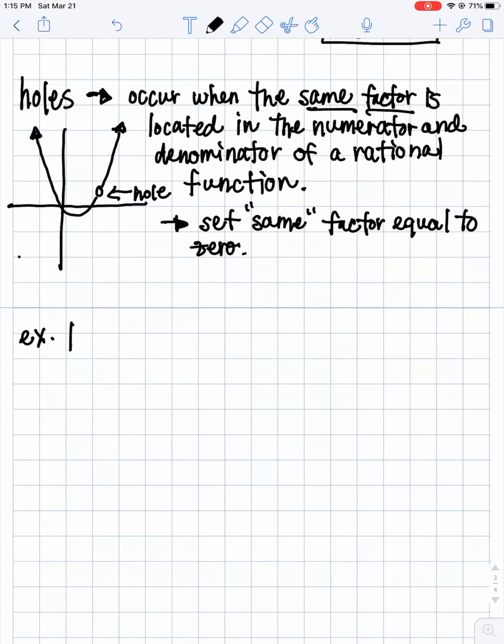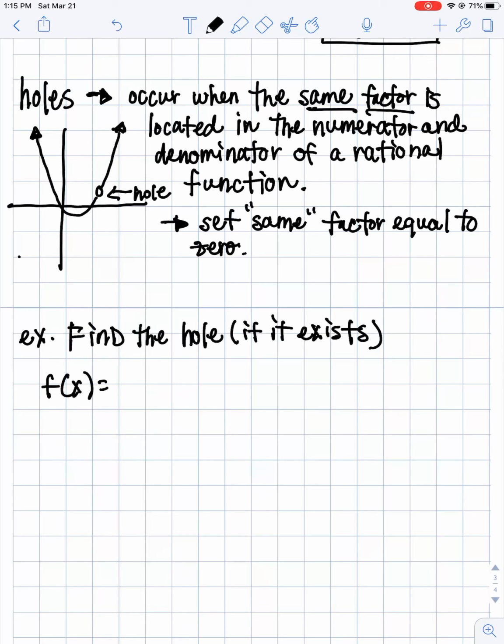And so let me give you an example. And I'm going to say find the hole. Okay? Find the hole, if possible, or if it exists. If it exists, because again, very, very rarely do they exist.